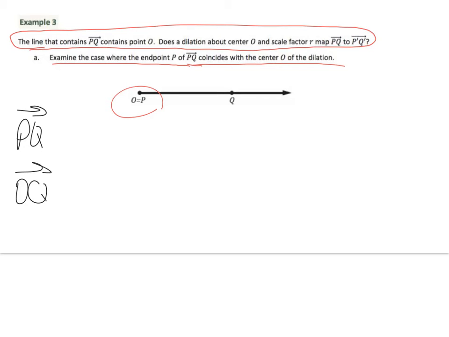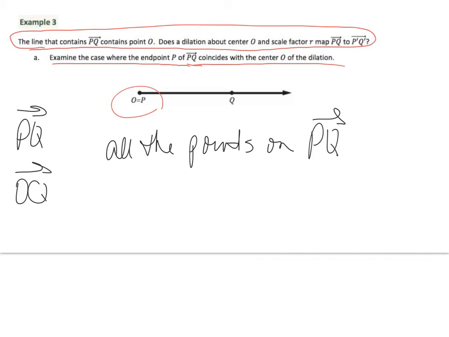I've copied a picture in. I don't believe this picture is in your classwork, but you can sketch it in if you'd like. Basically, we know all the points on PQ also belong to OQ.